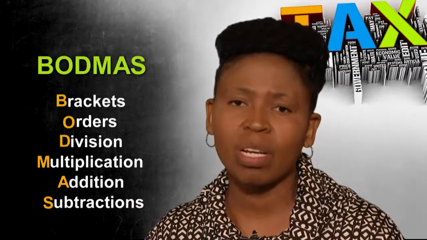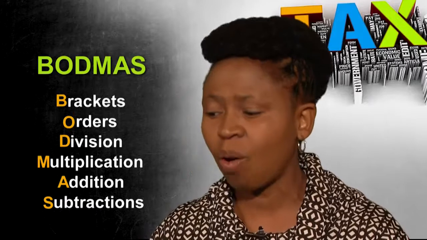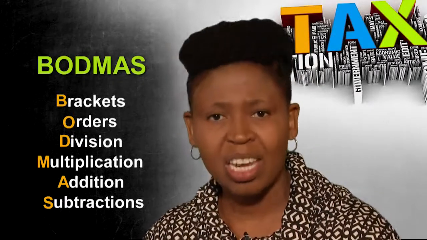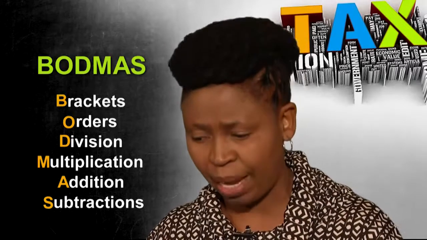After substituting, we will use BODMAS to solve the problem. The reason why we're using BODMAS is because the order of BODMAS will determine the correctness of your answer. Bear in mind that BODMAS is an acronym standing for brackets, orders, division, multiplication, addition, and subtraction. You do it in that order.